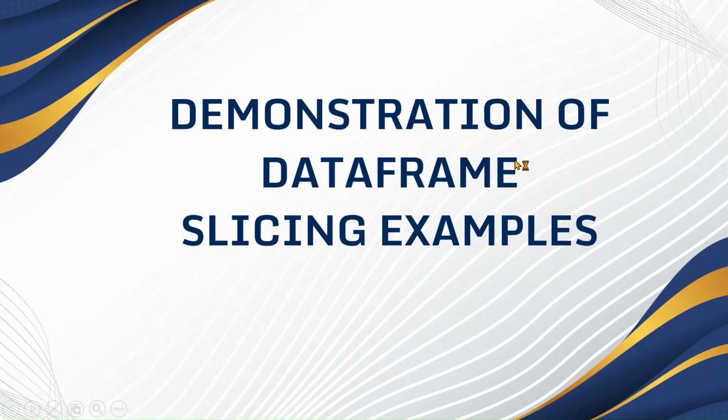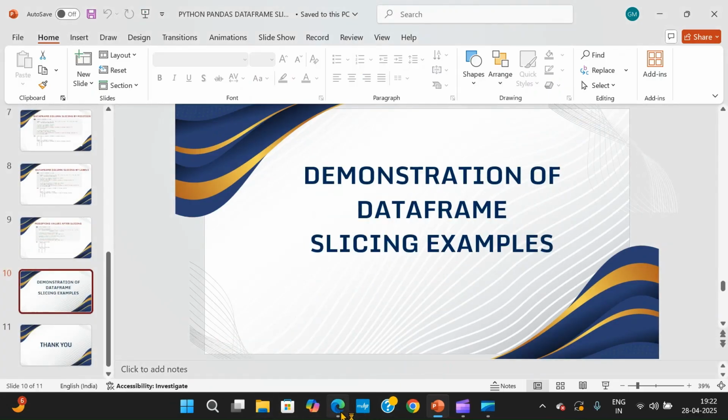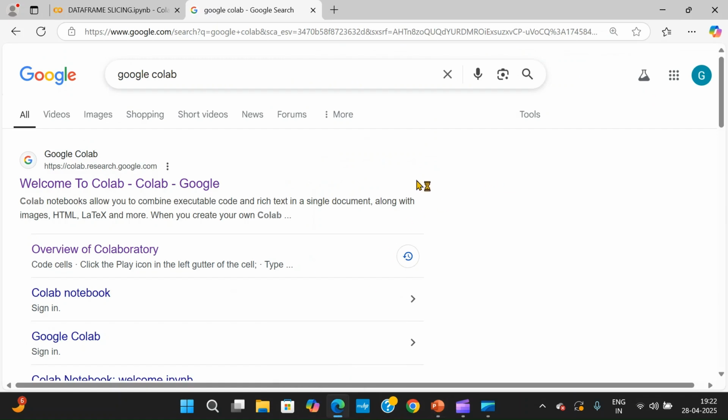Now we go for a demonstration of data frame slicing examples in Google Colab. So let me open Google Colab. You can just type Google Colab in Google, press enter, and you get these links.